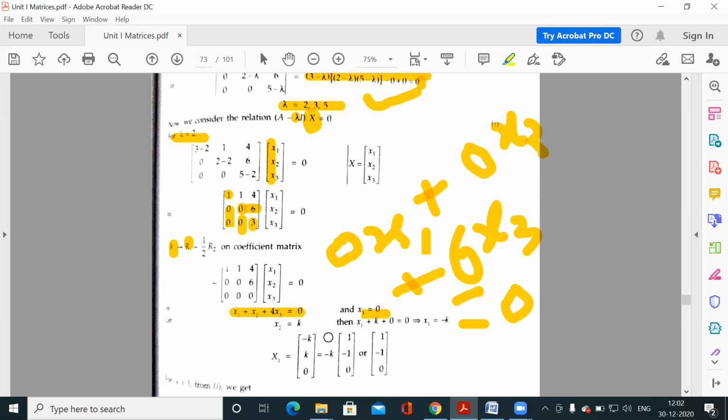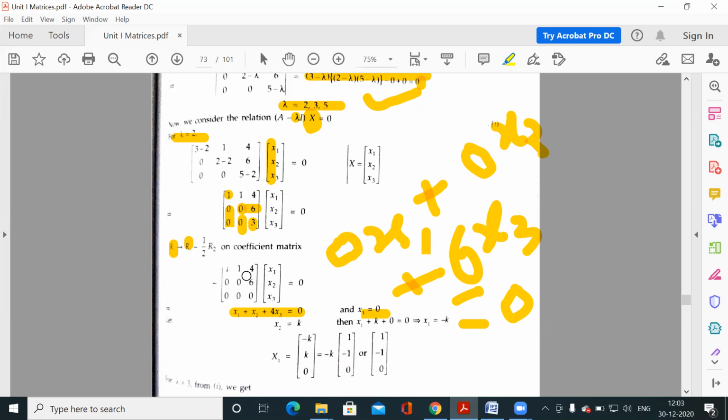So now this is your first equation and this is your second equation. So if you remember, the rank of this matrix is 2. So how many independent variables are there? The number of independent variables in this system is equal to n minus rank of this matrix, the number of columns minus rank of this matrix.